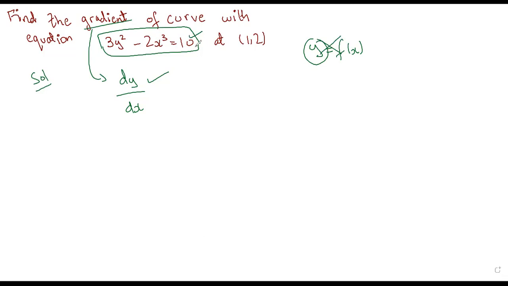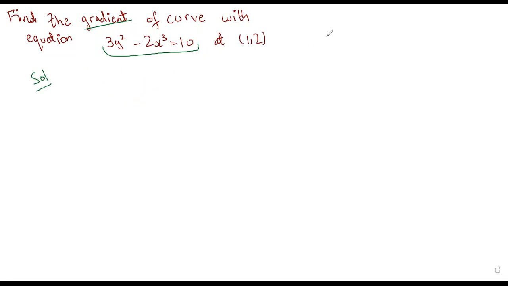So this is our clue, and this is how we would know that we need to find dy by dx of an equation where we do not have y as the subject. So I will undo this to keep things neat, and we know that we will use, what are we going to use?